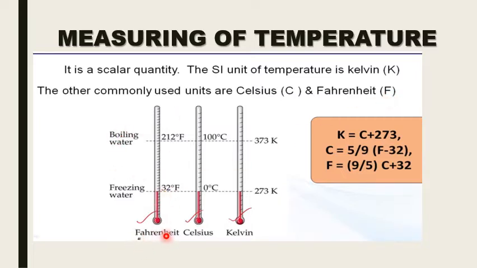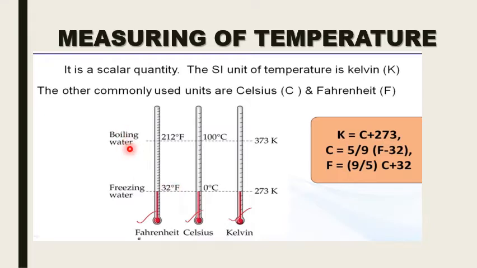First one is Fahrenheit, second one is Celsius, and the third one is Kelvin. For Fahrenheit, water freezes at 32 degrees Fahrenheit and boils at 212 degrees Fahrenheit.